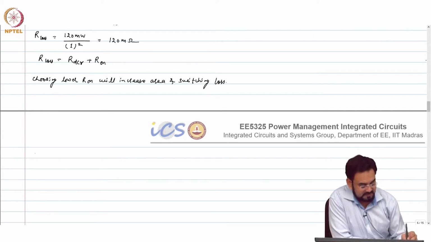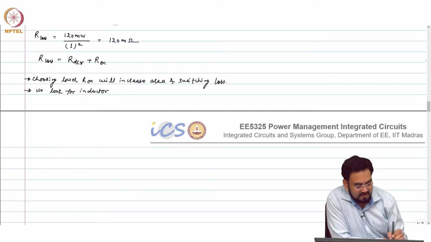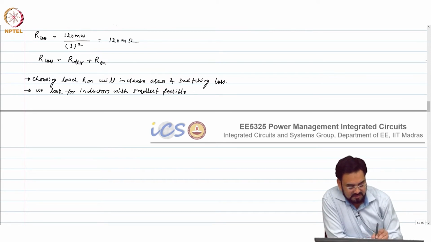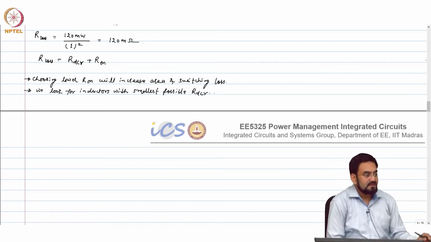Okay. Look for inductors with smallest possible RDCR. Okay.